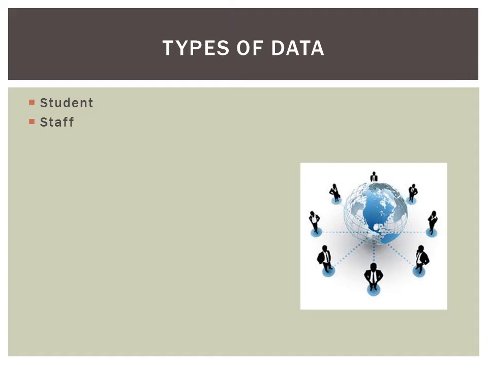The next type of data that is collected is staff data, and this is typically in a separate system than the student data system. This would include things like staff's credentials, staff's tenure status, staff in-service credits and education history, as well as their financial and contact information. The third type of data that's collected often and used in school systems is financial data, and this would be both in terms of the school budget.